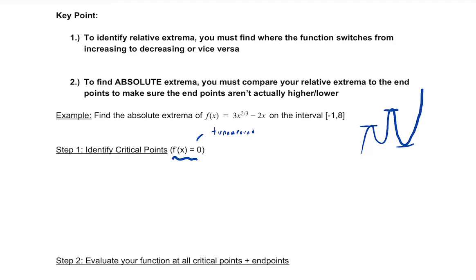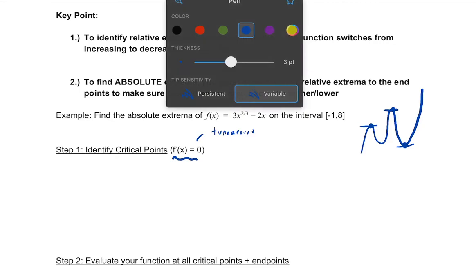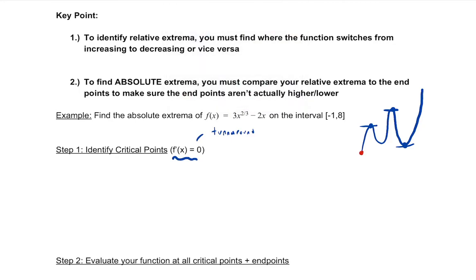So I need to test all of those points. I'm going to test this one, and this one. I also need to test the actual endpoints. If I do both of those things, I will be able to find the absolute max and min.